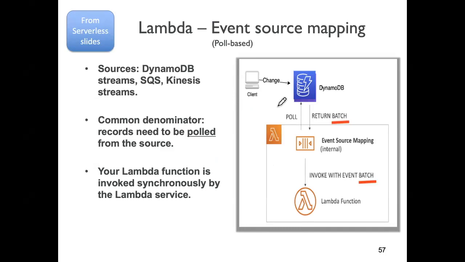If we look at the image over here, when you make a change to a DynamoDB table, sometimes you want to trigger the execution of a Lambda. Whether the change be a new item added, an existing item updated, or an item deleted, some or all of those changes, you may want to trigger a Lambda when they occur.